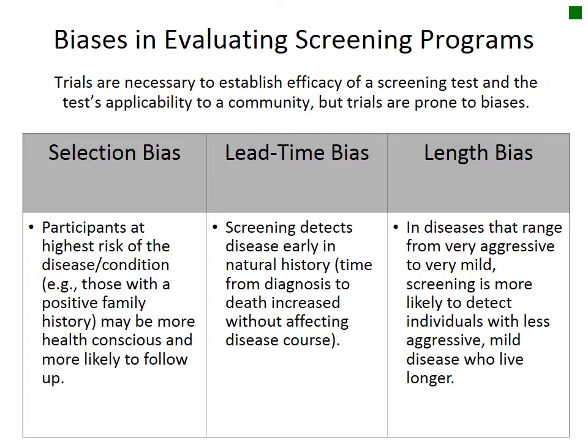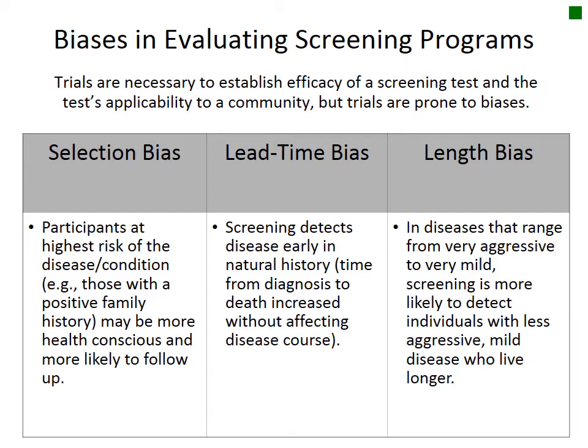And a selection bias, sometimes those who are more at risk get the help. A selection bias sometimes occurs when a sample of the population knows that they're more at risk, and so they get more help.